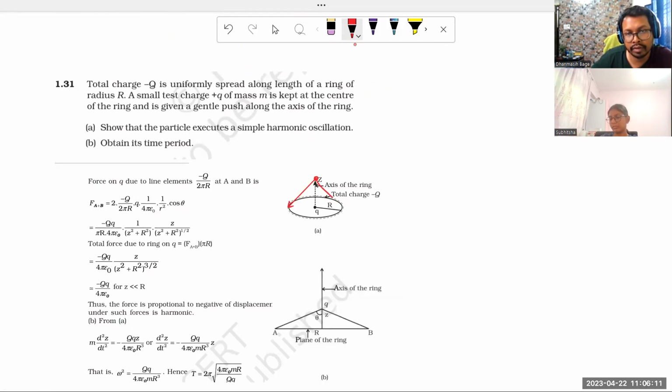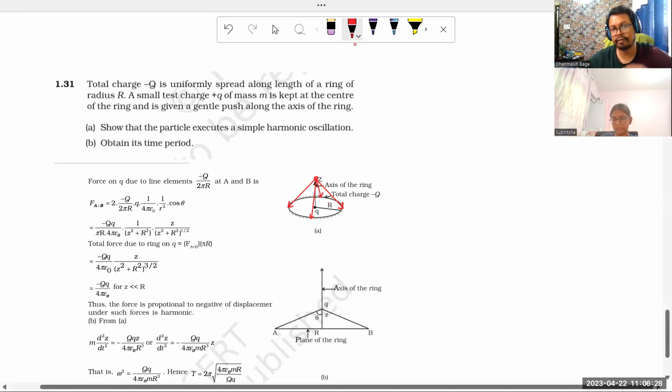This is one thing. And in this case, it will be experiencing the forces from all the vertically opposite points. And net electric field will be directly downward, right?